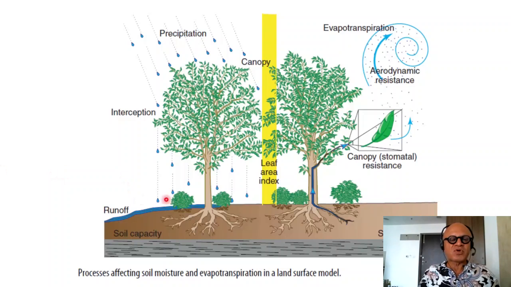So you have important processes like runoff, which is the water that's collecting and flowing in hydrological structures, natural and artificial, and there is the soil capacity, root depths, and all kinds of details can be needed. Depending on the model, they can be simplified but also can be very detailed in some models.